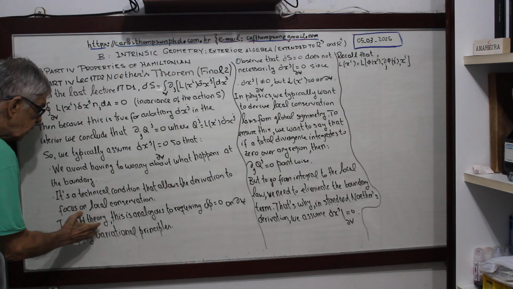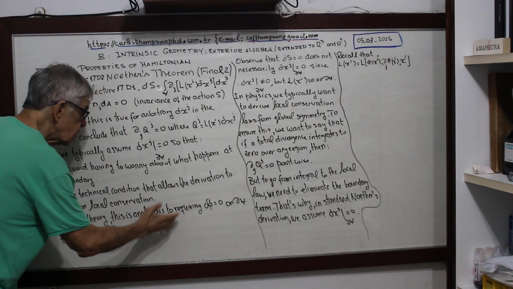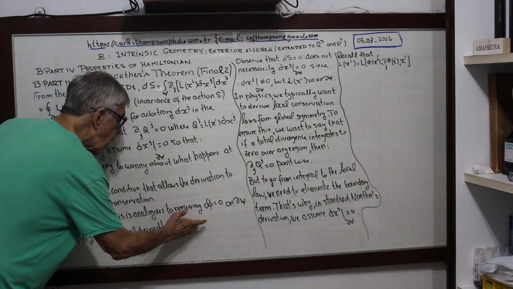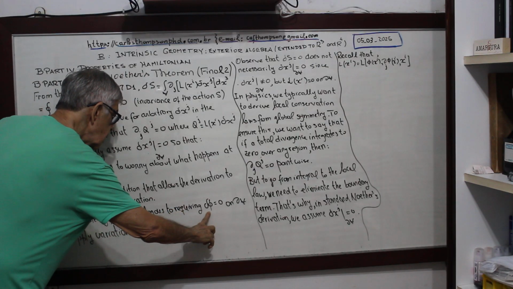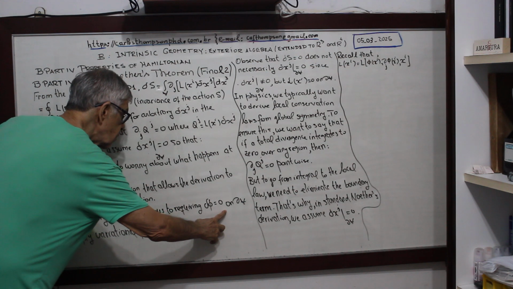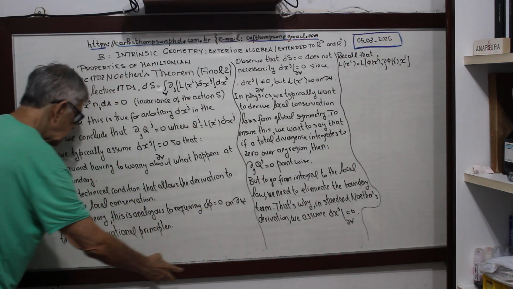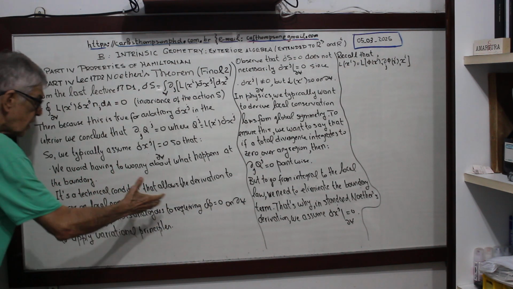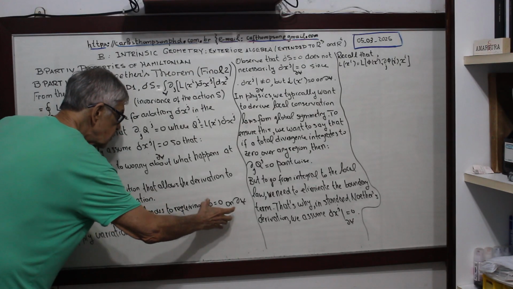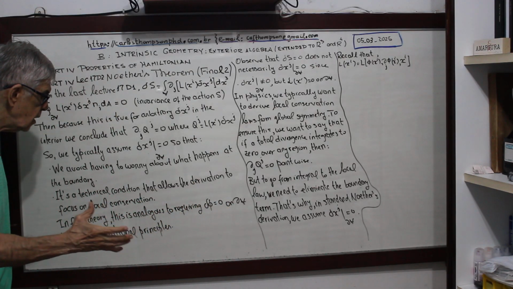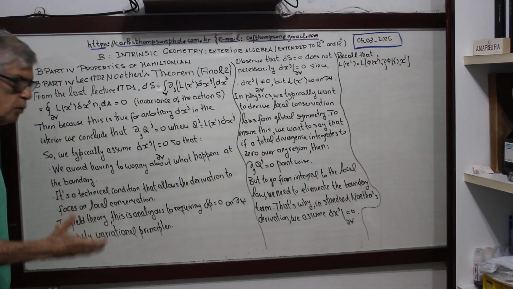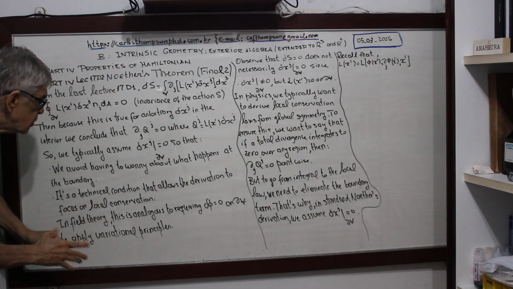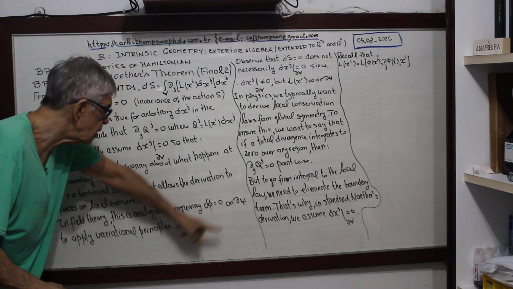In field theory, this is analogous to requiring delta phi equal 0 on the boundary. We require this just to apply the variational principles. You always use this condition on the boundary.